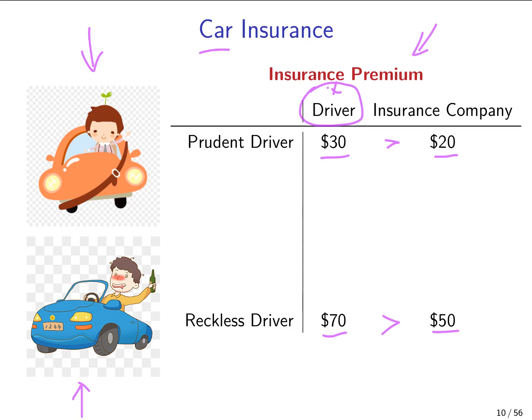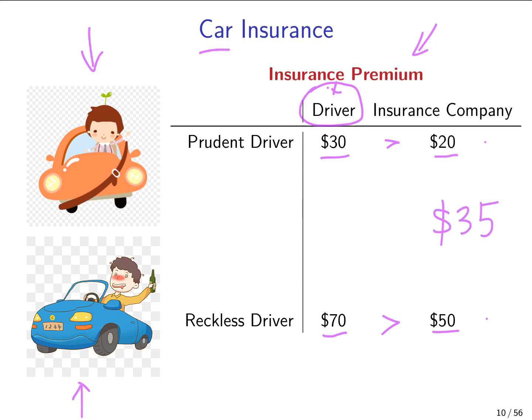They may not know for sure, but most likely they know better than the insurance company. So without knowing whether the driver is prudent or reckless, and only knowing that there is a half chance that they are prudent drivers, the insurance company is only willing to insure if they get paid half of 50 and 70, which is 35.